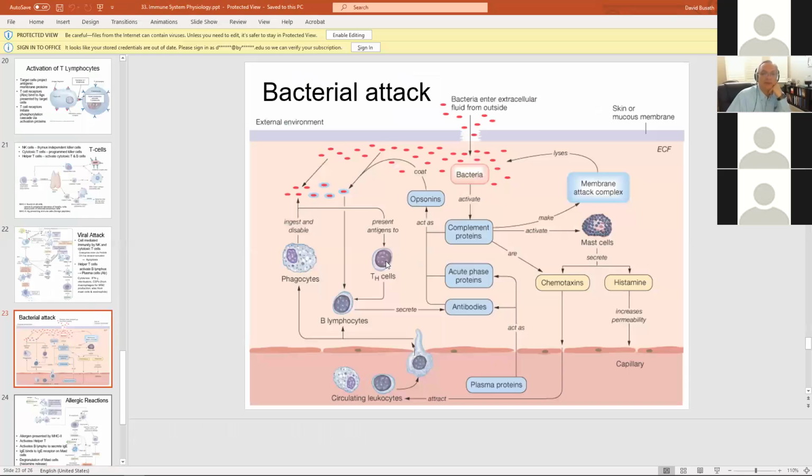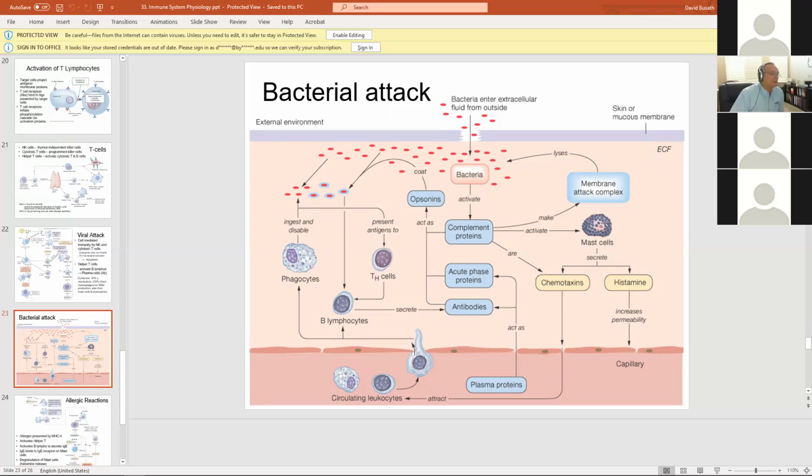Answer is helper T cells present antigens to B lymphocytes and stimulate them to secrete antibodies, which can opsonize bacteria, which can stimulate complement proteins to coat the bacteria and make them easier to digest by phagocytes that are embedded in the skin outside of the bloodstream or in the mucous membrane or in the extracellular fluid beneath the skin, being able to protect us from breaks in the skin that bacteria can get in through.